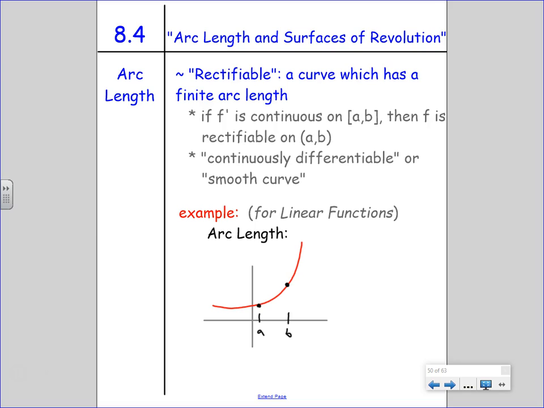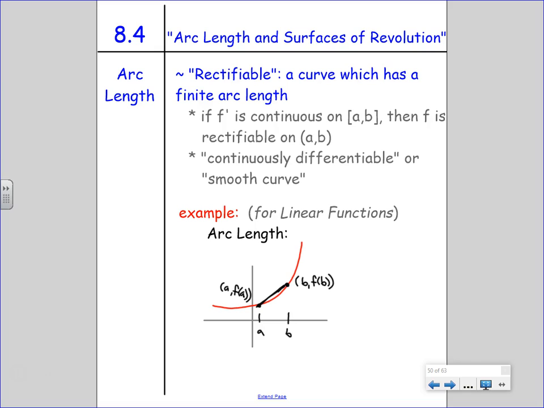Not over b minus a though. We would use f of b, f of a. We would want to use the distance formula, yeah? So we would have the point b, f of b, and then we would have a, f of a, and we would use the distance formula.